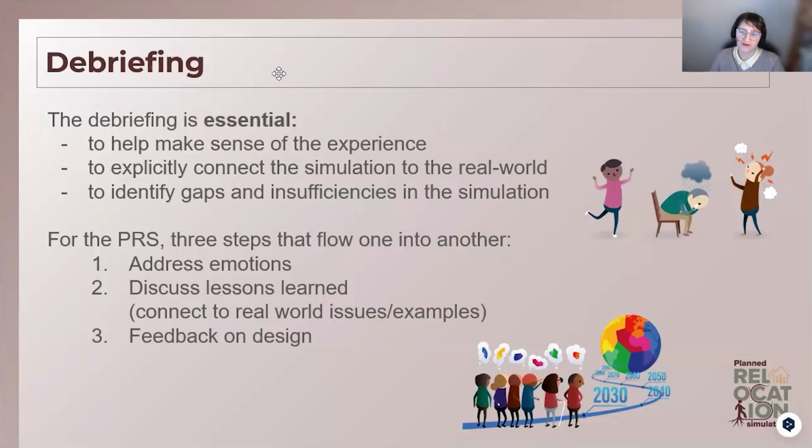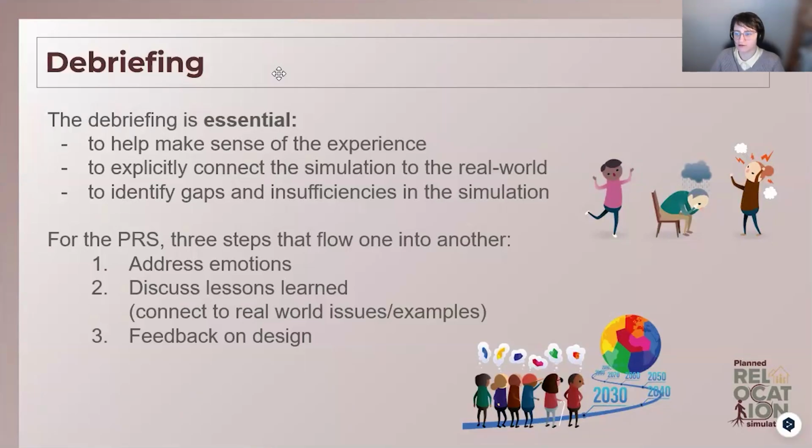If it's possible, it's also nice to prepare some photos of how the boards looked during the game, so that you can compare at the end how it looked at the beginning and how it looked throughout the game, because it might help bring up some situations and also show the progress of the work that participants have been doing throughout the workshop.